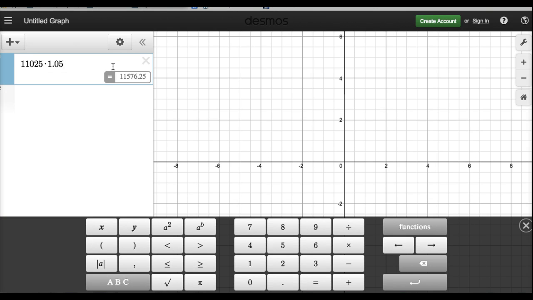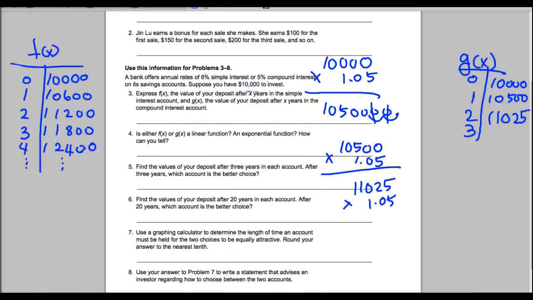There you go. So now the answer for that is $11,576.25. Okay, so let's go back. There you go. We got $11,576.25. I'm going to put that down here because I'm running out of space.